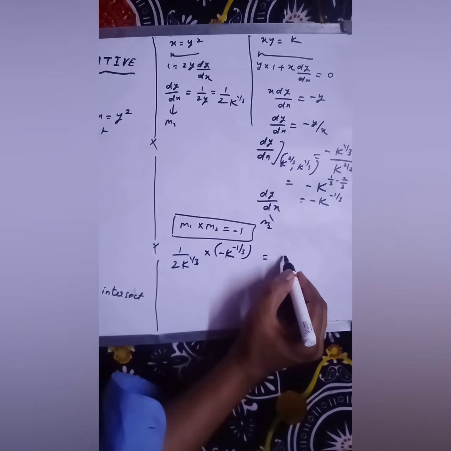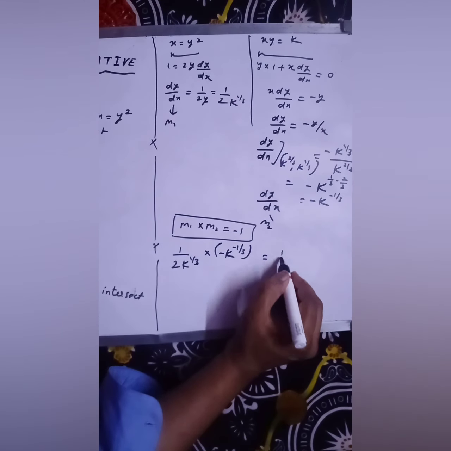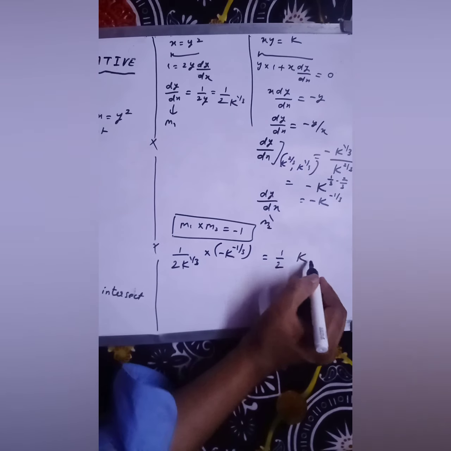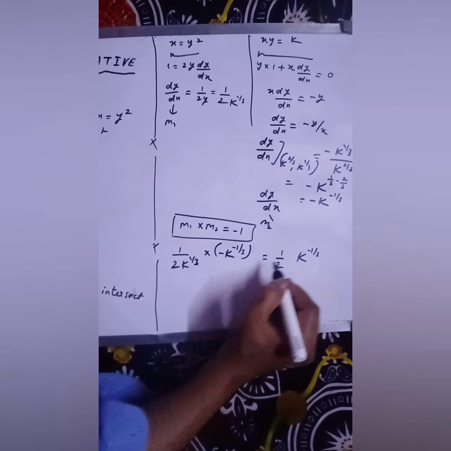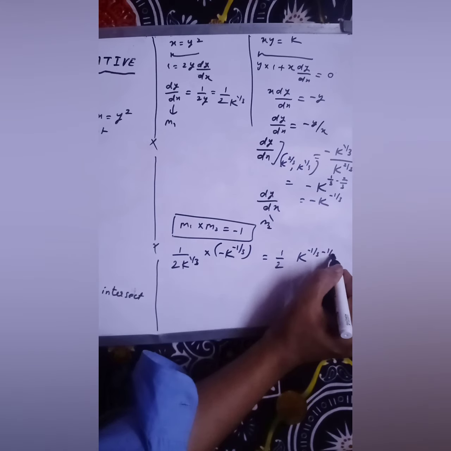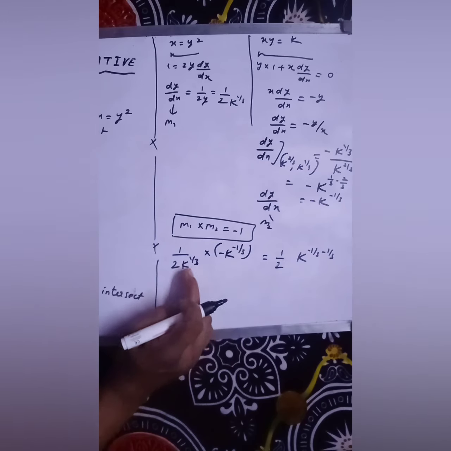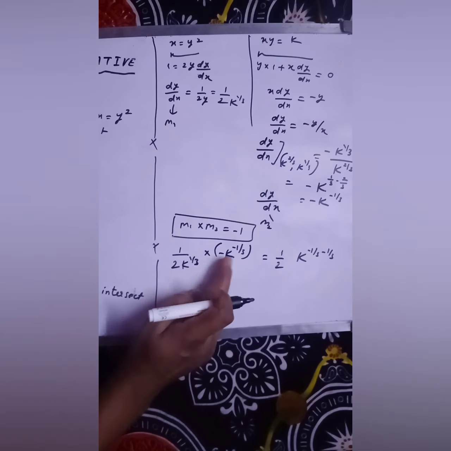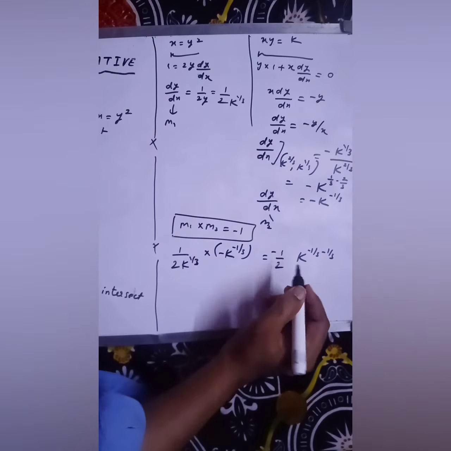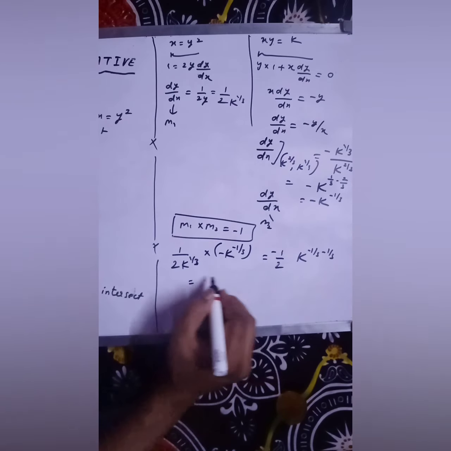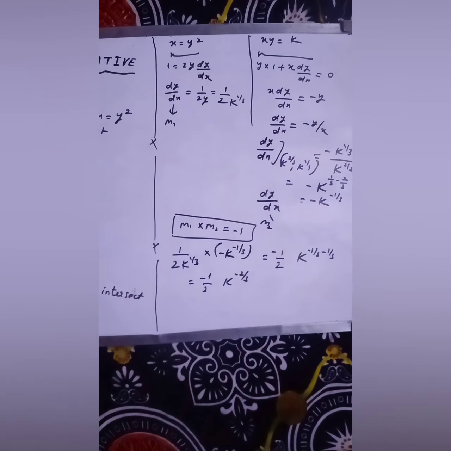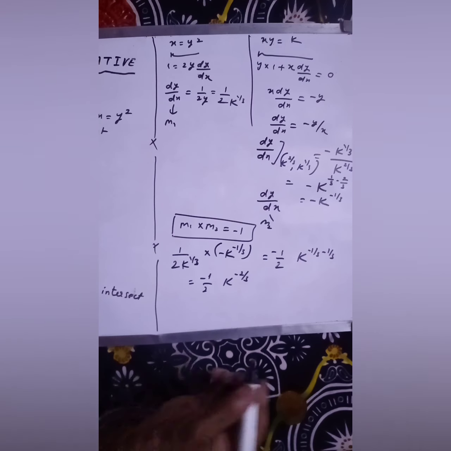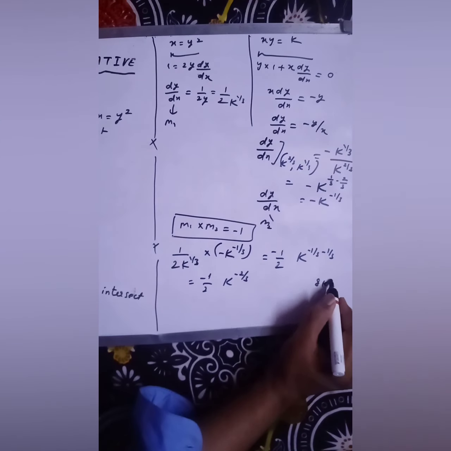So on solving these two, this 1 by 2 is constant, so this is k to the power minus 1 by 3 and this is dividing k to the power 1 by 3. Here I'm just solving these two, bases are the same, the powers you have to add, and this minus sign will come here. This is minus 1 by 2 and this is k to the power minus 2 by 3. Okay, and 8k square equals 1.